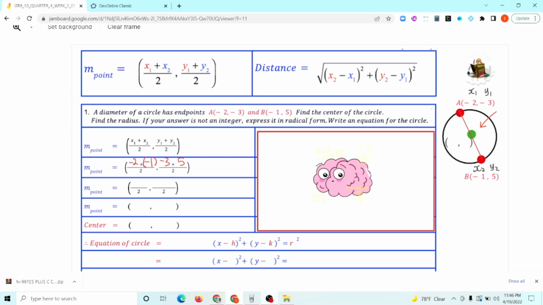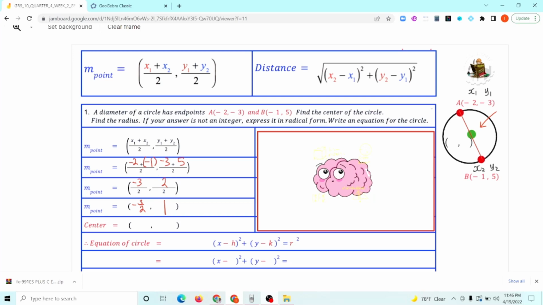Now I'm just going to simplify. In the numerator right here, we have -2 plus open bracket -1. If you simplify that, that just reduces to -3. So this part right here, I'm just going to rewrite it: -3 over 2. In the other part, 5 minus 3 is 2, over 2, and if I simplify that, that just becomes 1.